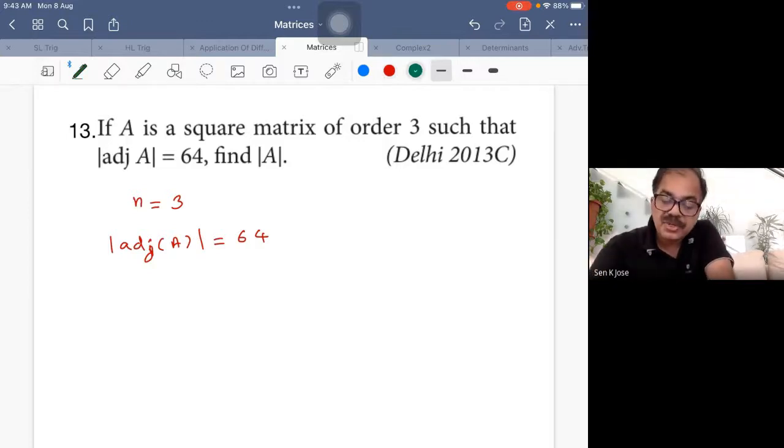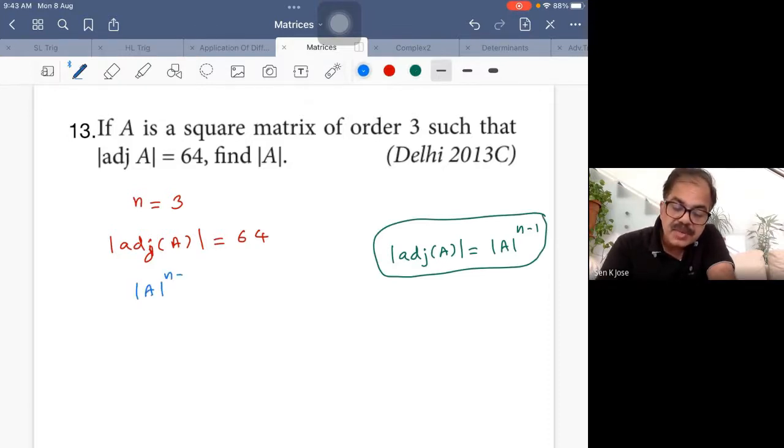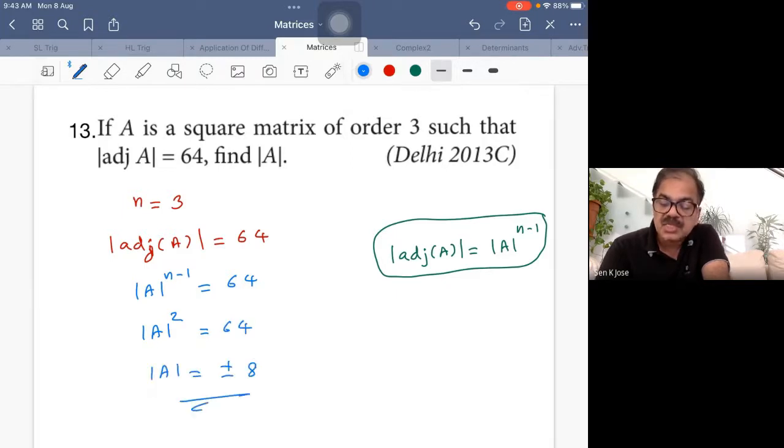Determinant of adjoint of A has a formula: determinant A raised to n minus 1. So I use that formula here. Determinant A raised to n minus 1 is 64, so determinant A raised to 3 minus 1, which is 2, is 64. So determinant A will be plus or minus 8.